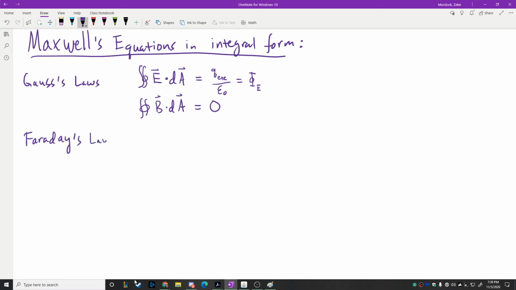So Faraday's law states that if I take the integral of E dot dl, this is equal to the negative of the time rate of change of magnetic flux. We can even write this in a more complete way by actually writing the magnetic flux into this equation like this.